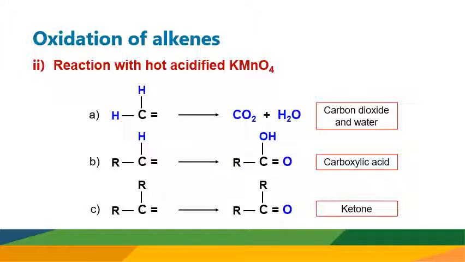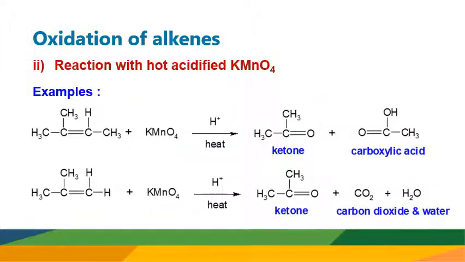Otherwise, if the carbon double bond is only bonded to two alkyl groups, it will produce a ketone. These equations show examples of the products formed when alkenes are oxidized with hot acidified potassium permanganate.